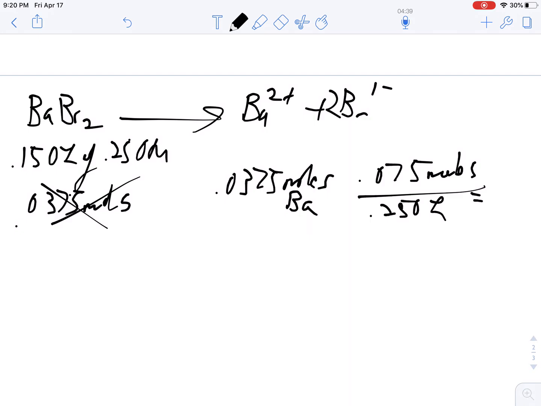So this comes out to be a 0.30 molar solution of the bromide. Okay, so we got two of them done. Now what we need to do is look at what the concentrations for the barium oxalate will be.